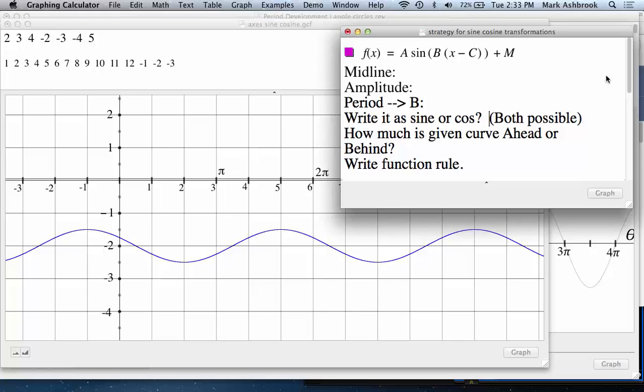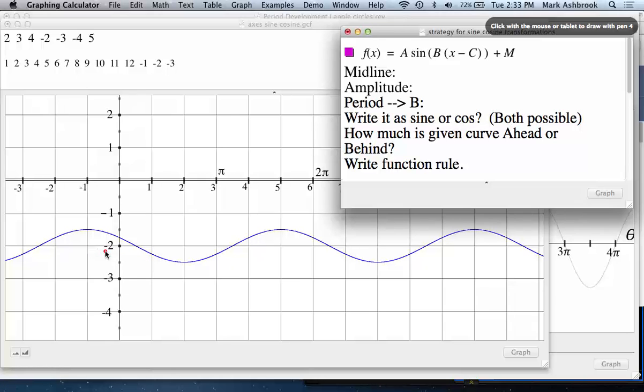Yeah, so that happens. Is our curve actually ahead? Our curve is half. You've got to sketch. You can imagine sketching a cosine, right? So where does the cosine start?